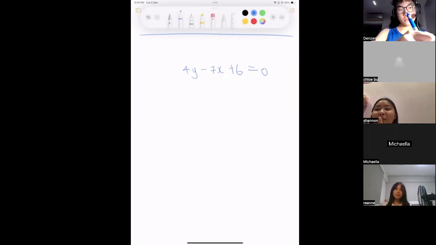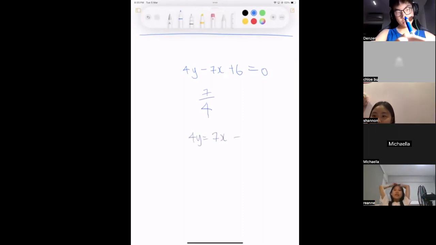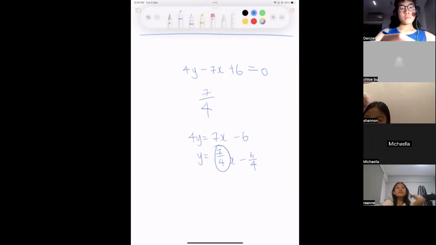Gradient equals 7 over 4. Very good job. Why? Because 4y equals 7x minus 6, y equals 7 over 4 x minus 6 over 4. So this is my gradient. Okay? So Shannon 1, so Shannon 9 already.